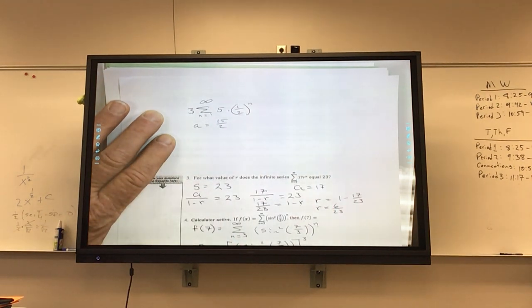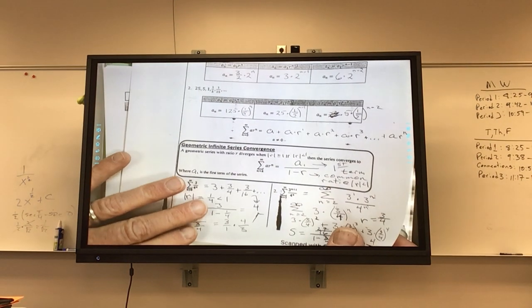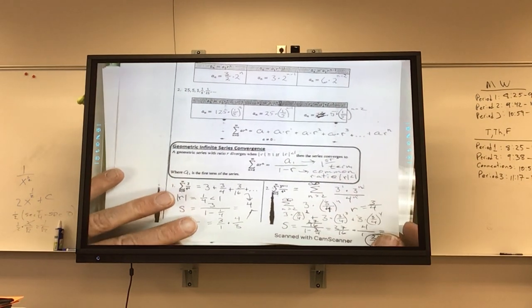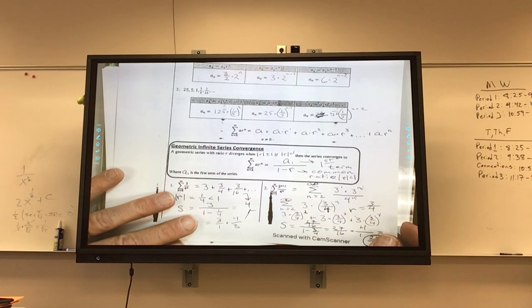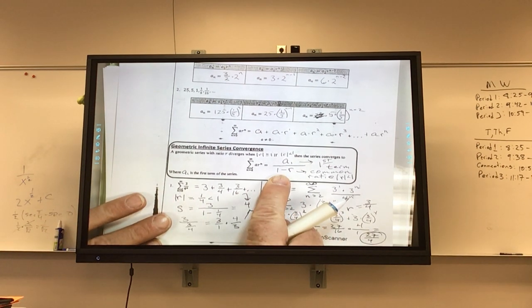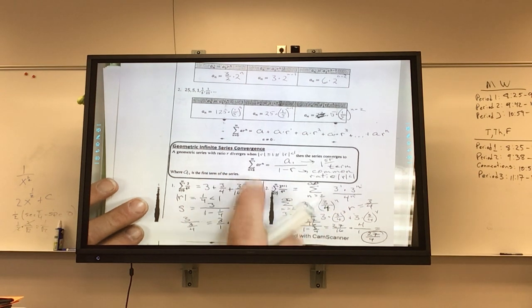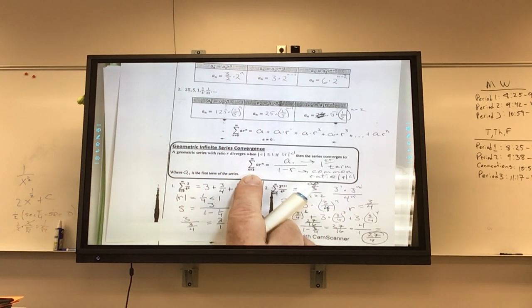But the formula on the other side makes it look like A would be equal to 5, because R would be 1/2, and then to the nth power. Is that not right? Say it again. Are we talking about the one to the left, the sigma? It's the same thing, just a different form.